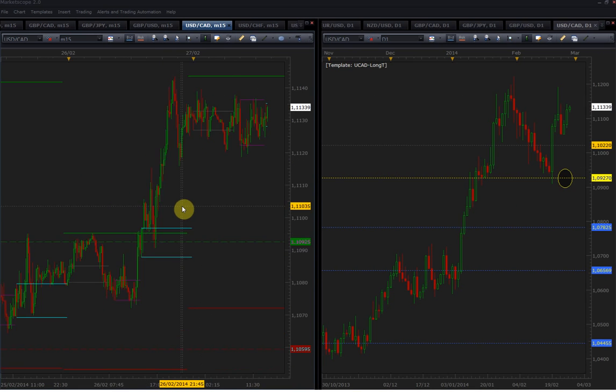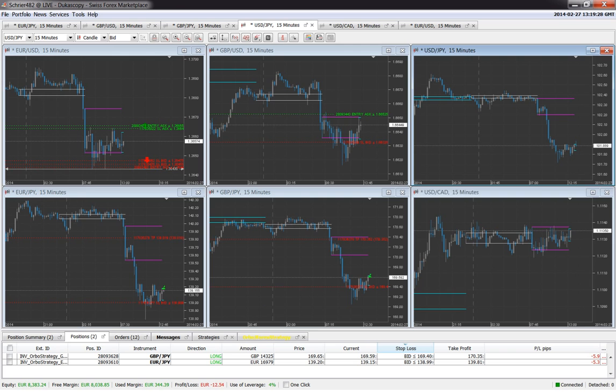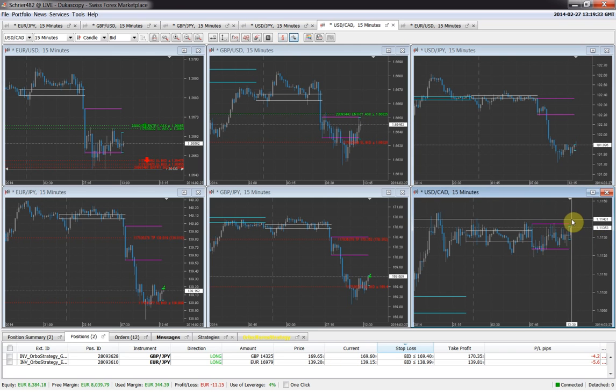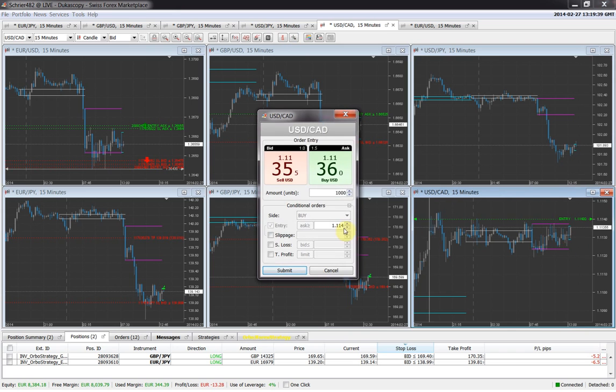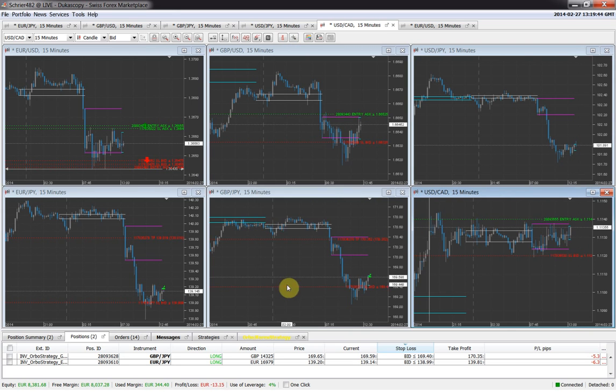Dollar CAD is not a bad long. I will probably take it also above this line, 1.1140. Okay, the entries are in place.